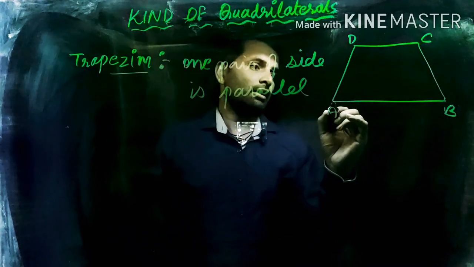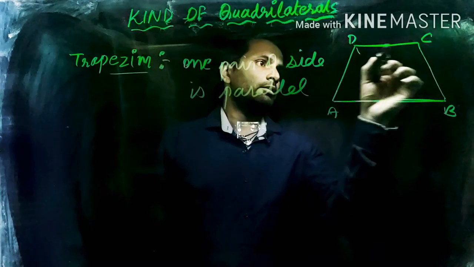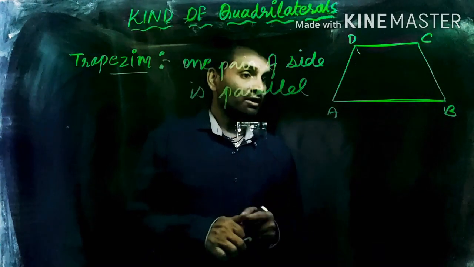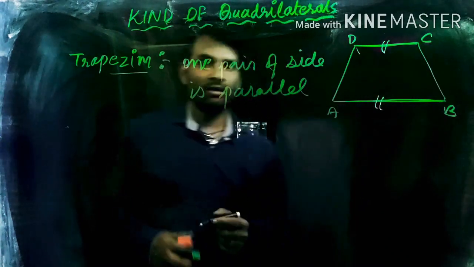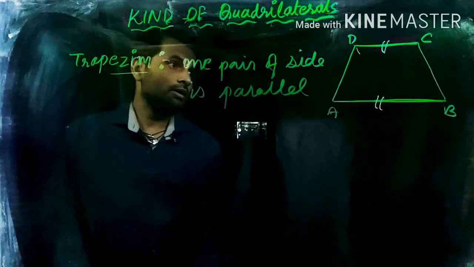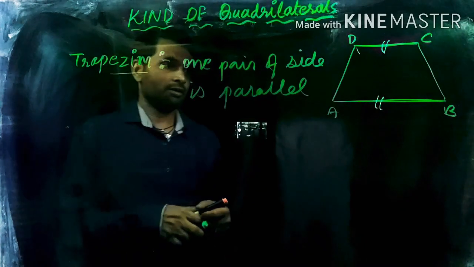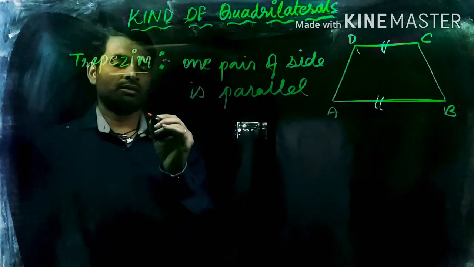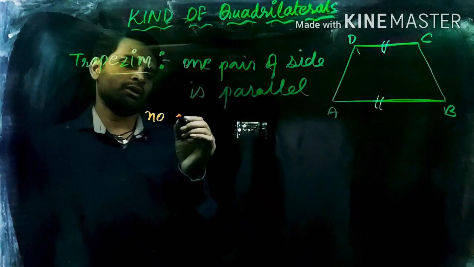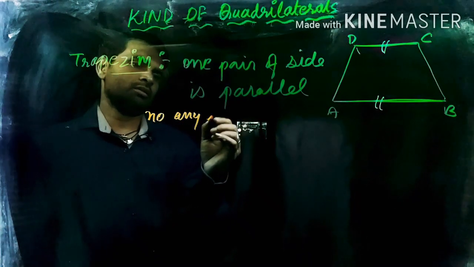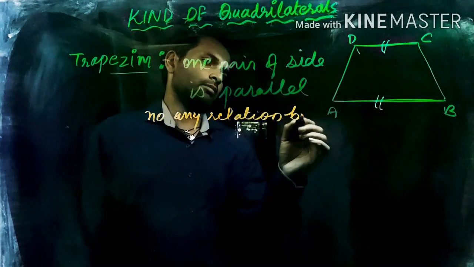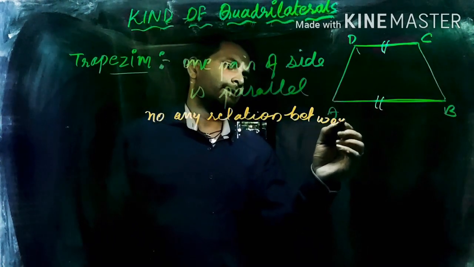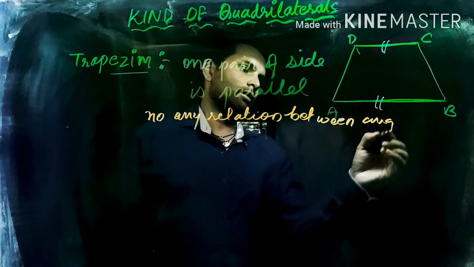Which pair? AB is parallel to CD. They are not equal, only parallel, and there is no relation between the angles.